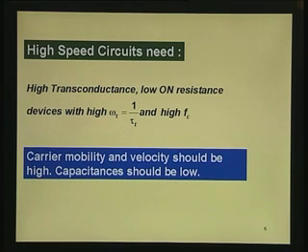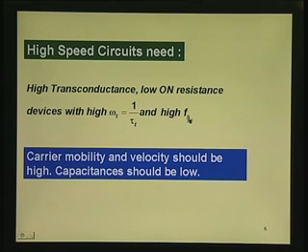So, the high speed circuits ultimately need devices with high transconductance, low on resistance, and of course, high cutoff frequency, high transit frequency omega t.